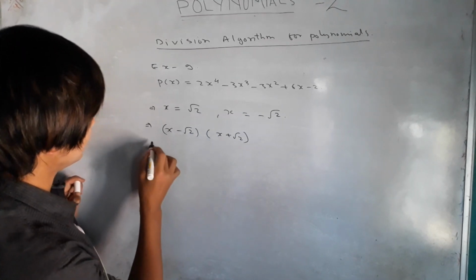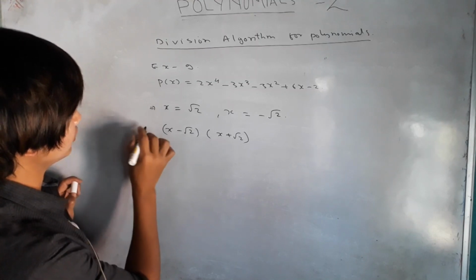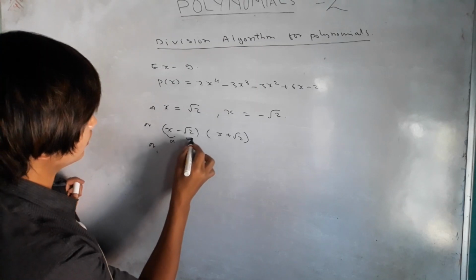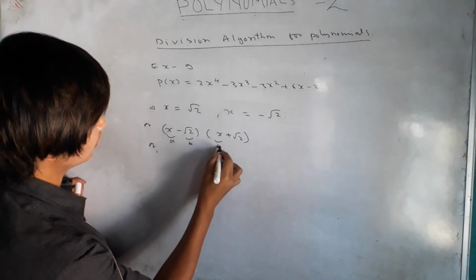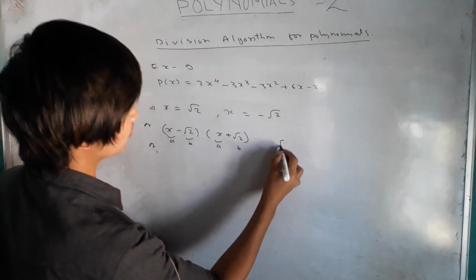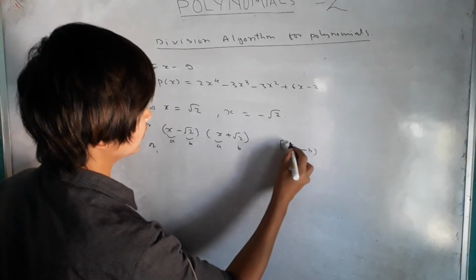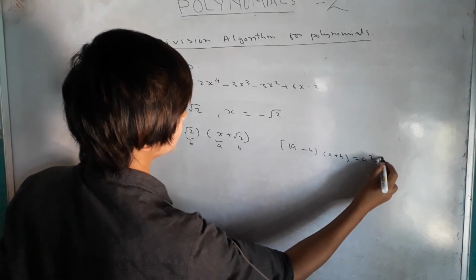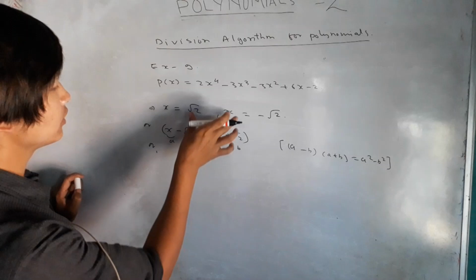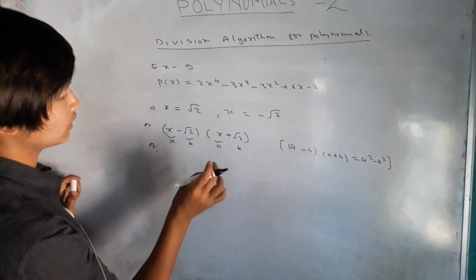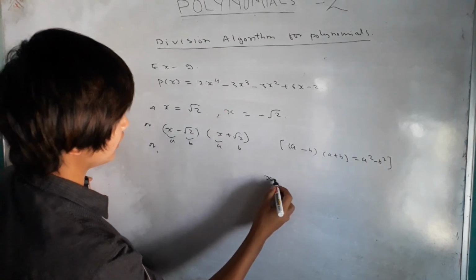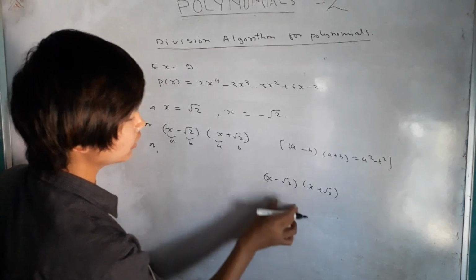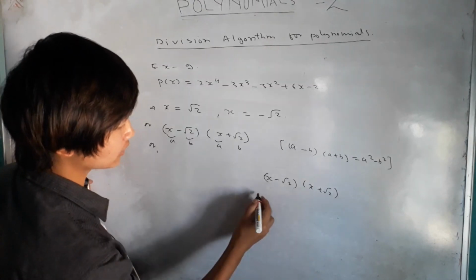We will use the formula (a minus b)(a plus b) equals a square minus b square. So here we are doing it in the reverse direction. I have written x minus root 2, x plus root 2.